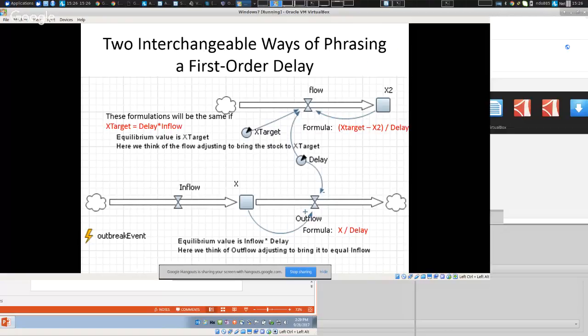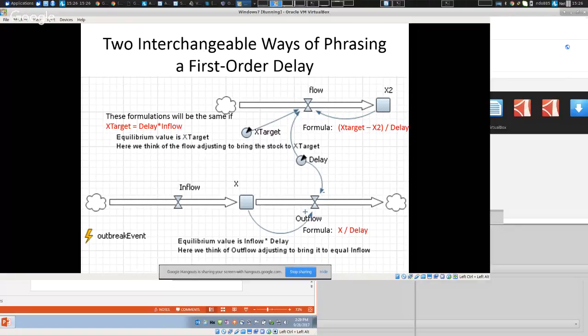It's trying to minimize the difference between the stock and X target. And it does so by making the flow X target minus X2 divided by delay. So let me ask this. Suppose that the stock is a lot smaller than X target. What will be happening to the stock as a result?